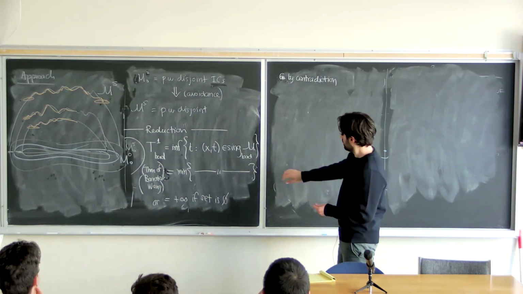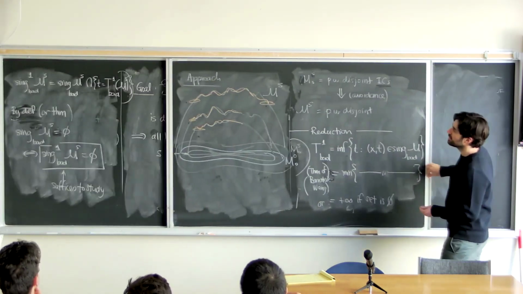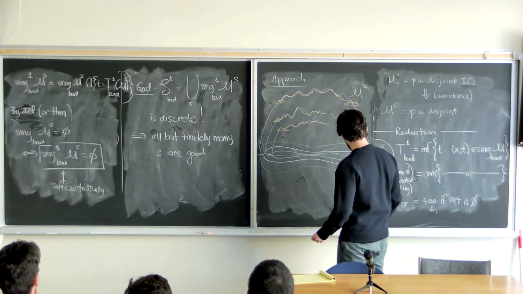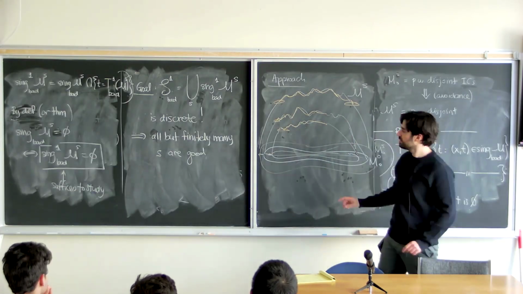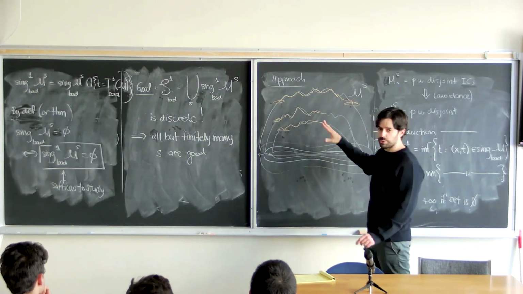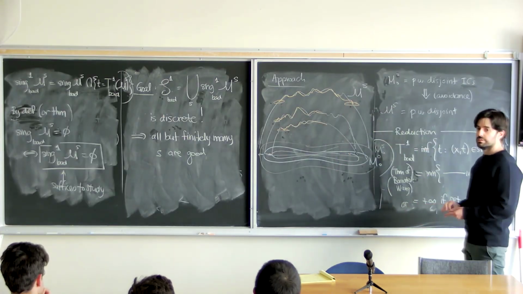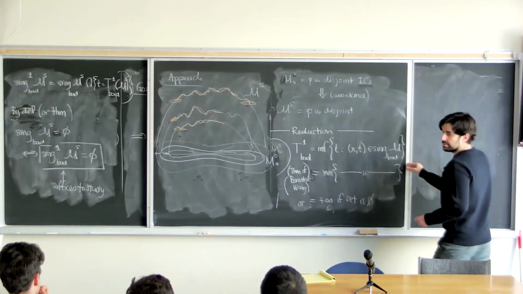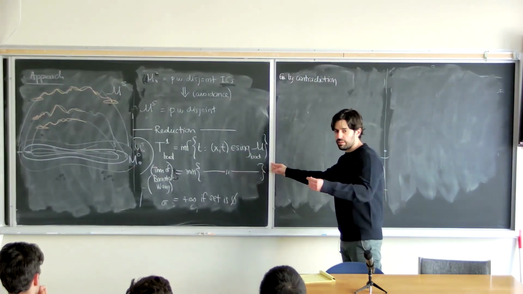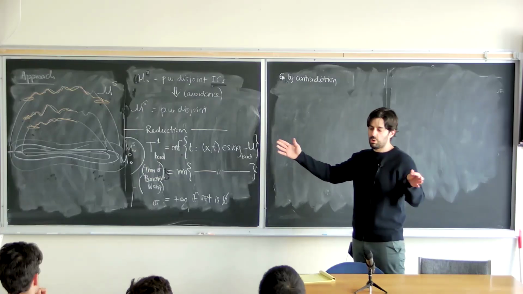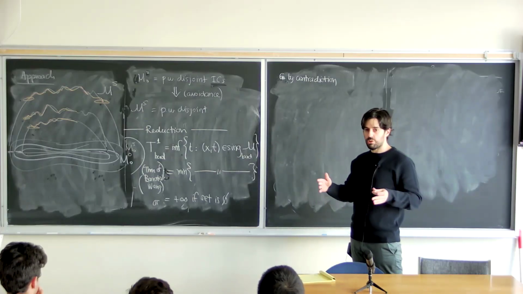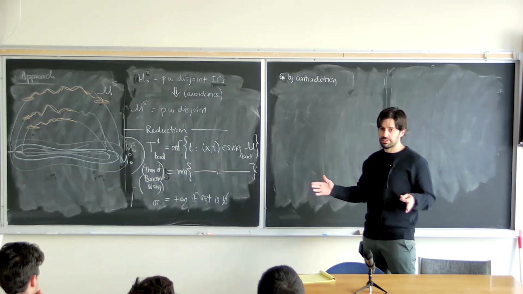Let's see the statement again. I want the union of all these first singular points to be a discrete set. And do you see why that implies, once that's discrete, that only a discrete number of S's have such a point? So all but a finite number of S's are okay.